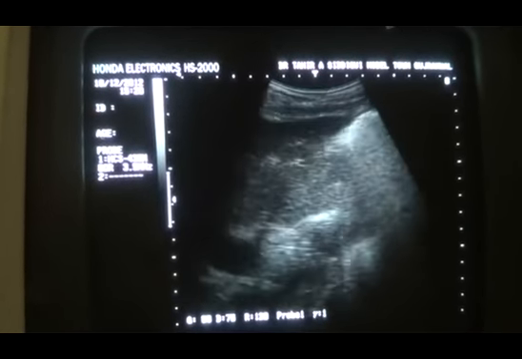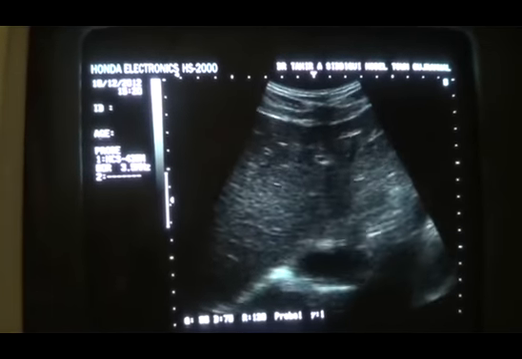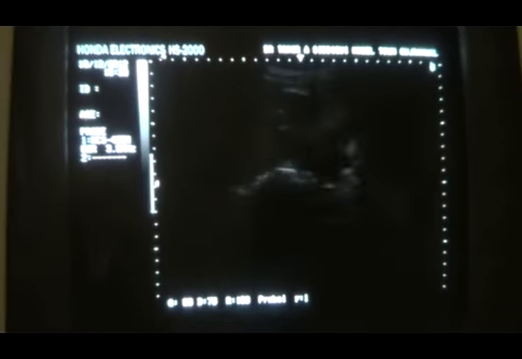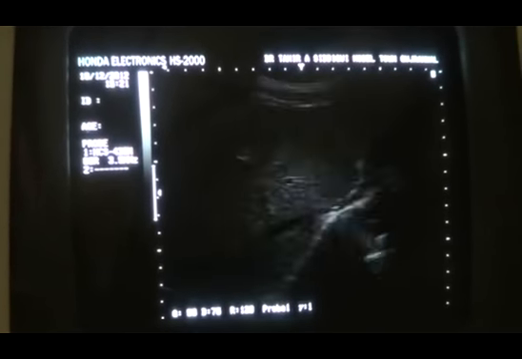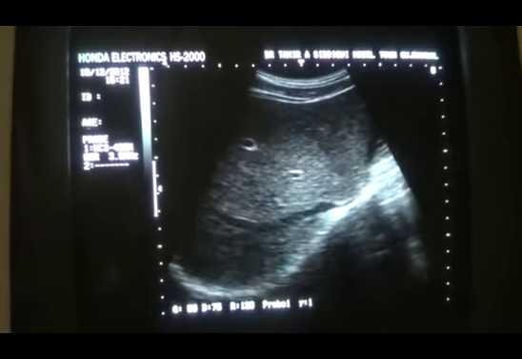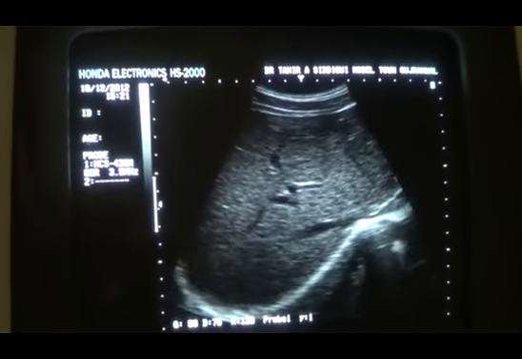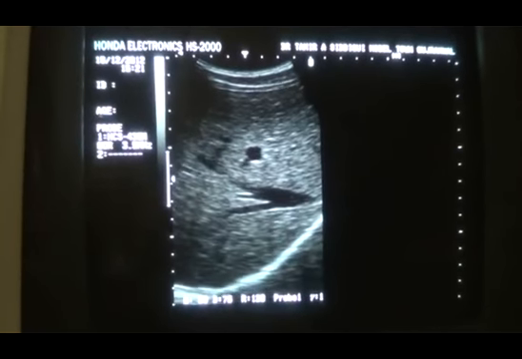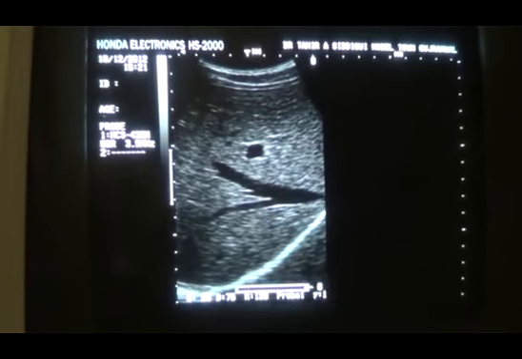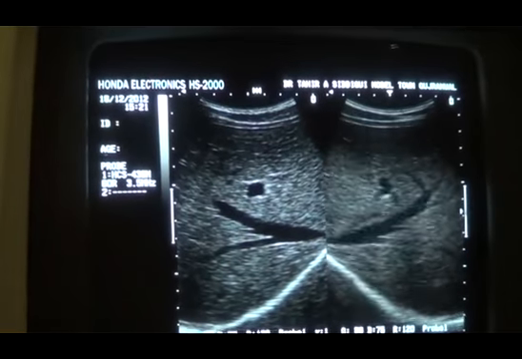and see the vessel margins and the sharpness of the vessel margins. This is the hepatic vein from one angle.